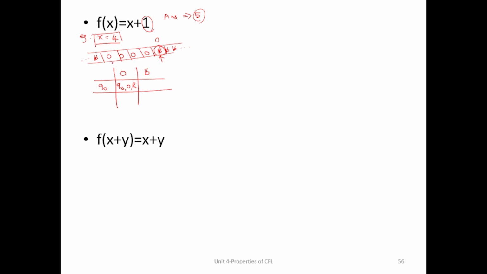At one point, all x zeros have been read by Q0, and the control head points to a blank space in state Q0. Then you change that one blank space to 0 and move right, going to state Q1. If in Q1 you read a blank space, you go to the final state QF. This is the logic behind it.